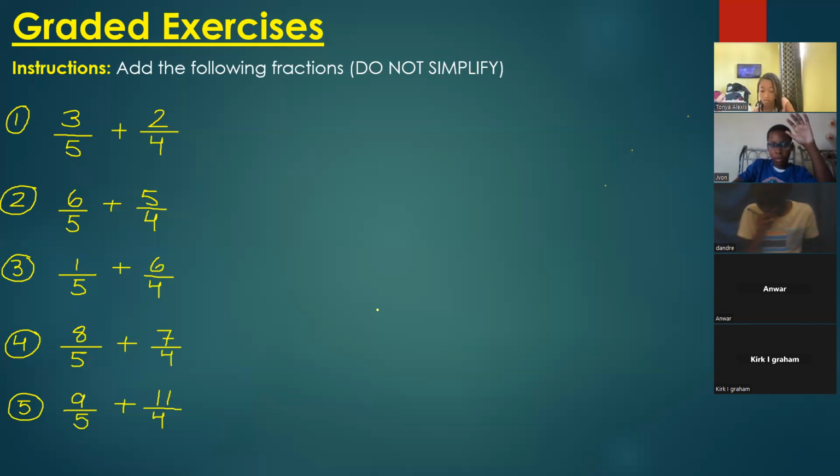Excuse me. If we're done with the first one, could we send the first one in the chat, or do we have to finish all of them and then send them in the chat? No, finish all of them, then send it in the chat. Okay.